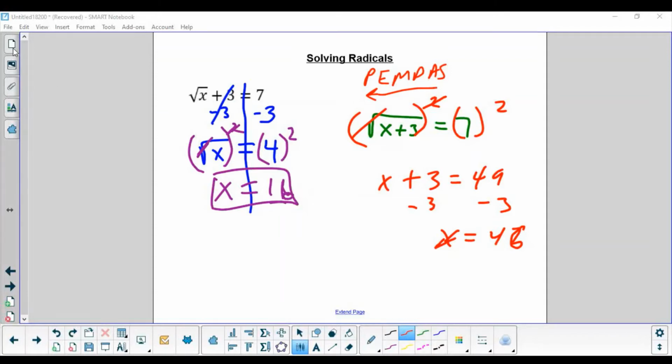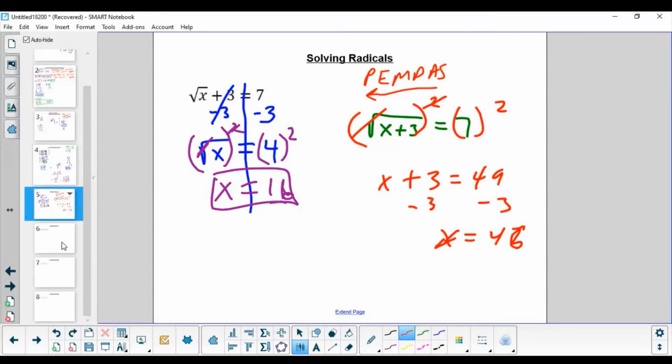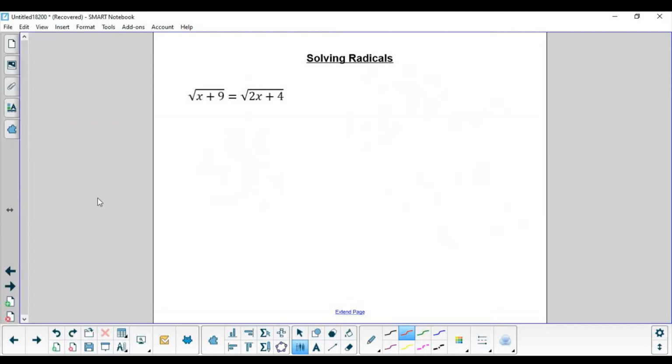Okay, so the next example I want to give you is what happens when there's a square root on both sides? And the answer is, in a sense, a little bit easier. How do we get rid of a square root? We have to square both sides.